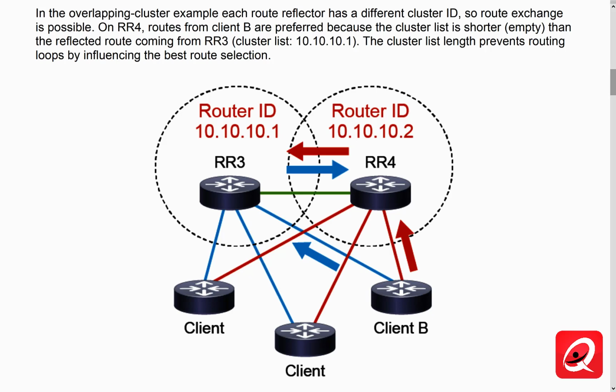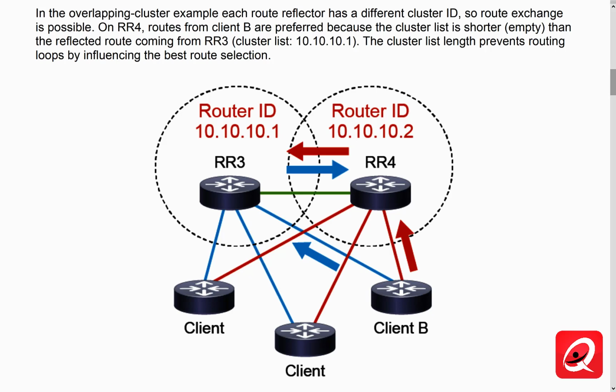Basically no cluster list because it's not coming from a route reflector. And then maybe routes that are reflected from router 3, right? Because we're going to add the 10.10.10.1 to that cluster list, and we'll select router B or client B as the destination.